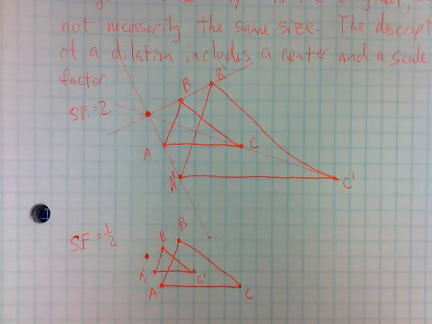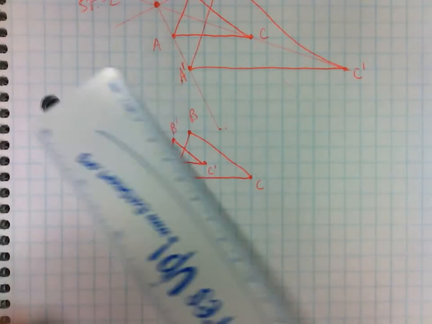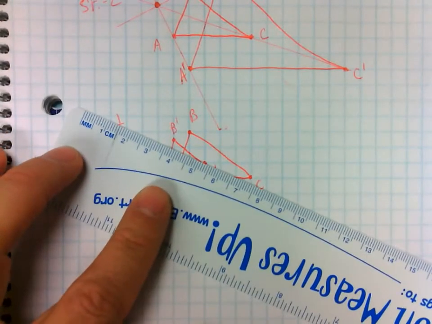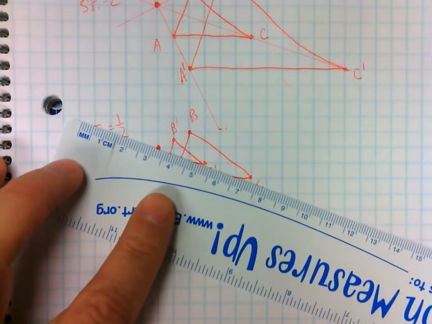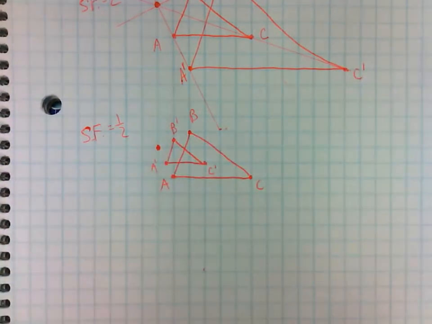The center point stays the same. All the other points move along the line coming from the center point. Okay, same thing down here. You can see how those line up. That goes through the center point, that goes through the center point, and that goes through the center point.